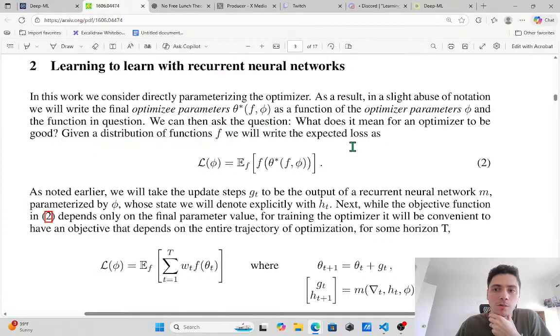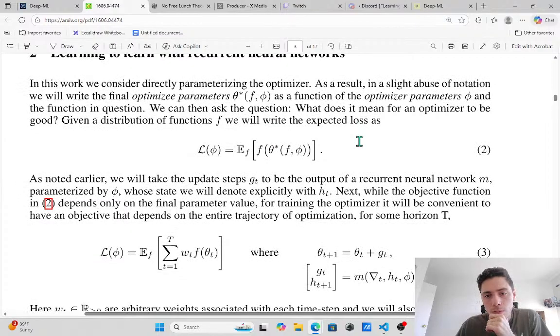So what's an optimizer? What's a good optimizer? Okay, so the expectation of f.